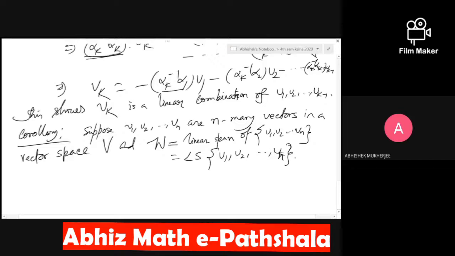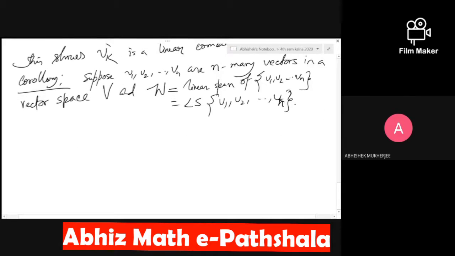Now amongst these n many vectors, if v1, v2, vk are linearly independent, let's look at the conclusion.